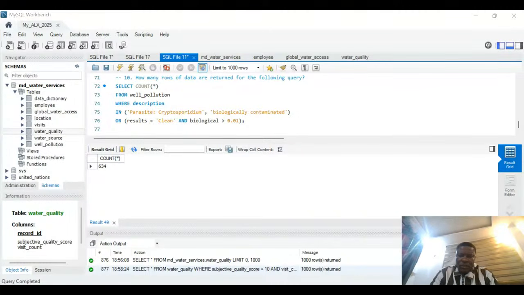Okay, that's good. So where description in parasite is equal to this, biologically contaminated, and then we have all resource is equal to clean and biological is greater than this. So when you execute it, you'll see the answer as one of the options that are provided.